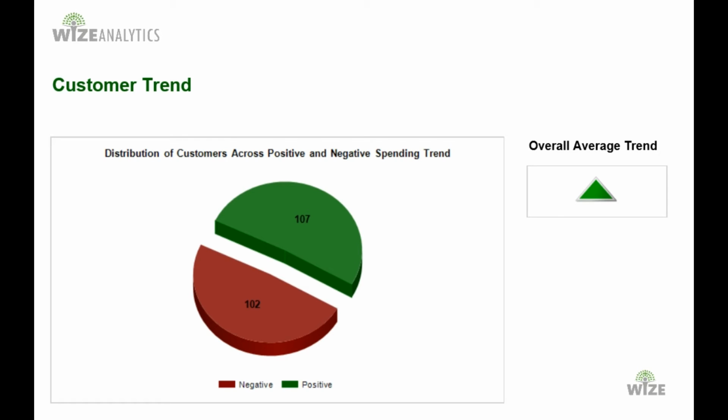They have, generally speaking, a positive trend, but their positive trend is less strong than the negative trend of those customers that have decided to not purchase anymore, or to purchase less and less. And in that case, you will see an overall average trend that is negative, and the majority of your customers that have a positive trend.